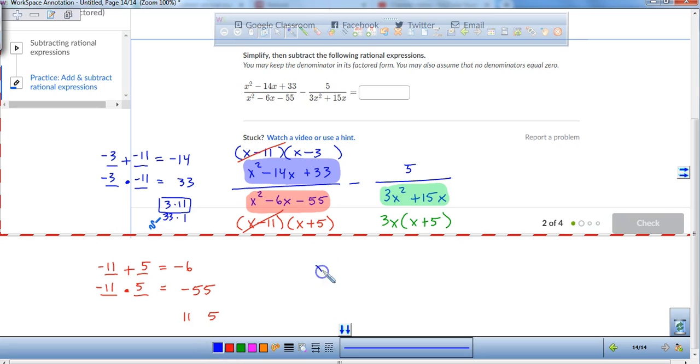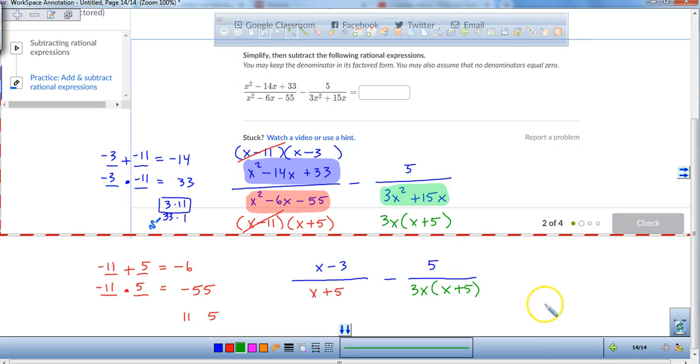Now, our problem's a little bit easier. We have x minus 3 all over x plus 5 minus, and I'm going to leave it in factored form. We have a 3x and an x plus 5, and then there's a 5 on top right here.